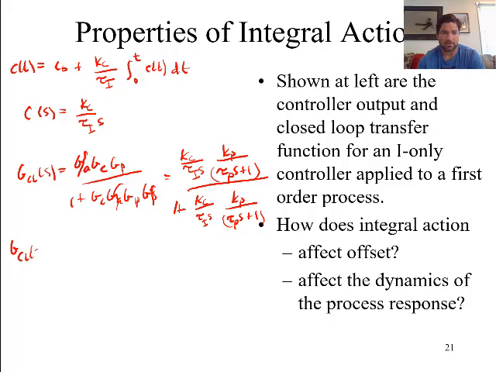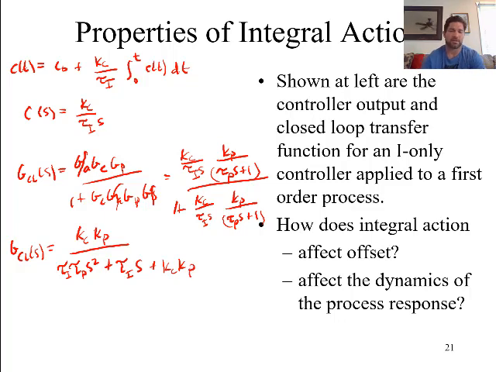So our first algebra step is going to look like this. On the top we're going to have Kc, Kp. And on the bottom, okay, multiply these things through. So this first term is going to be tau I, tau p s squared, plus second term is going to be, again, tau I s times 1, tau I s, and then the remaining over here is plus Kc Kp. And then the last thing we're going to do is divide.